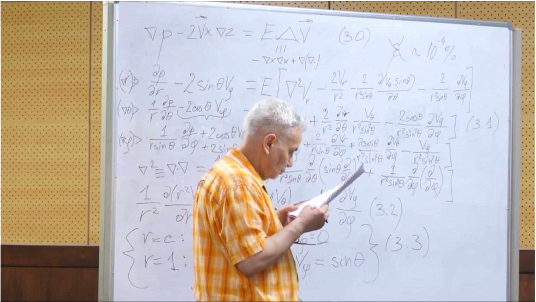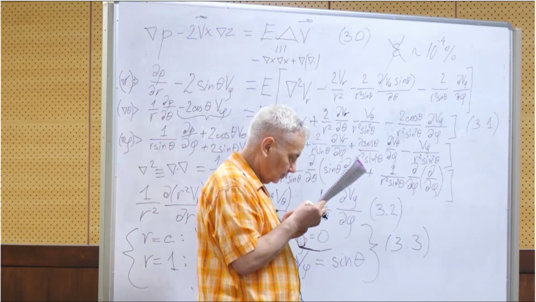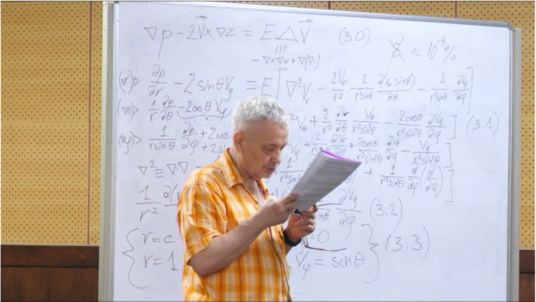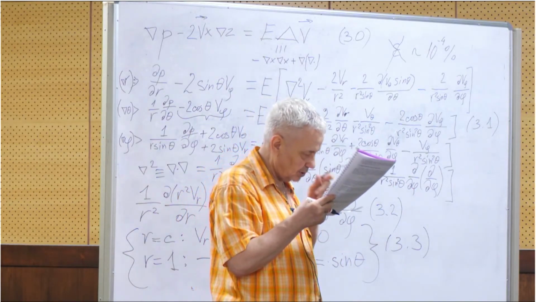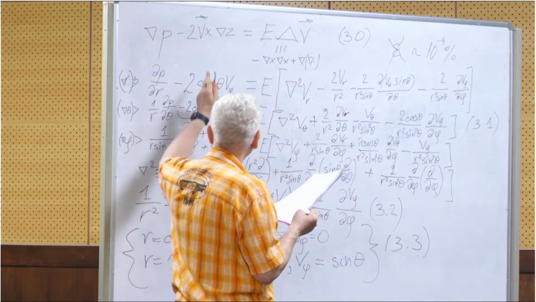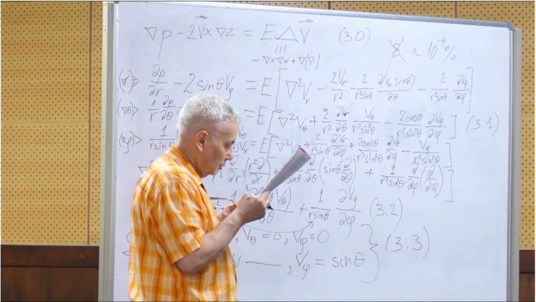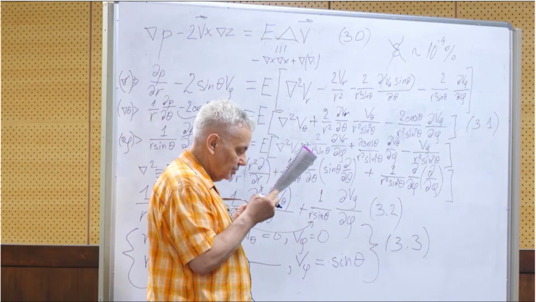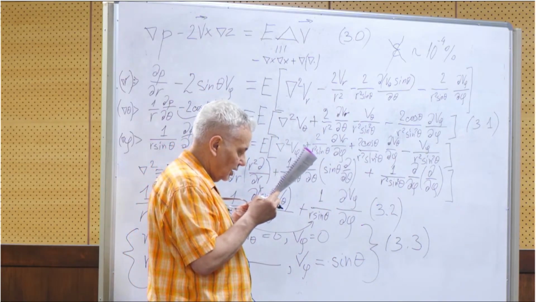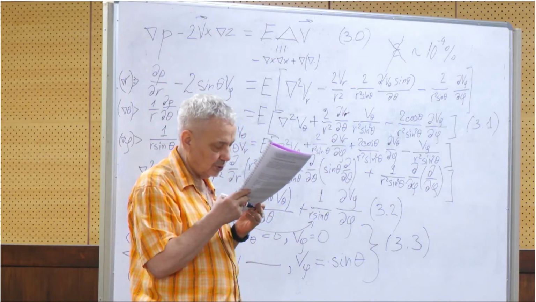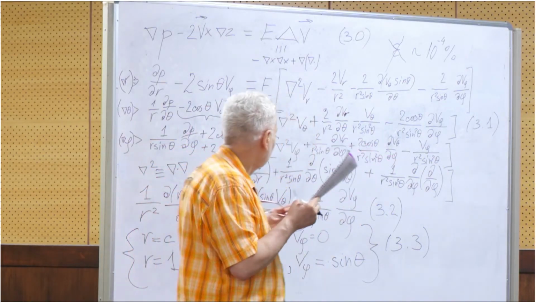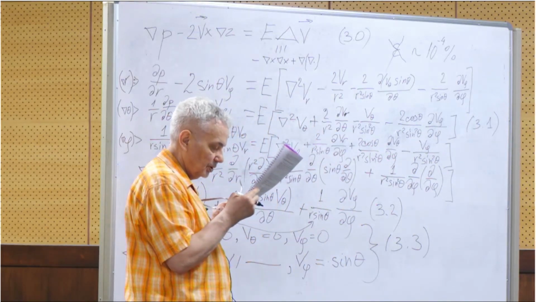Let me summarize it. The terms describing the Coriolis force are in the left-hand parts of equation 1, which I just showed you. The terms here are directly proportional to one velocity component, and here to these two components.